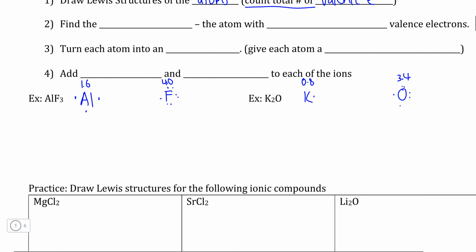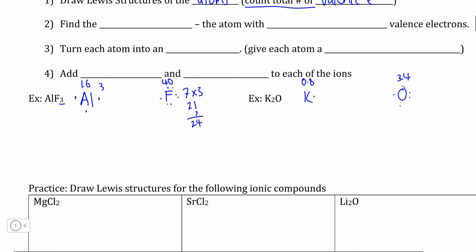So the first thing that we're going to do before we calculate the electronegativity difference and average electronegativity is actually to count the total number of electrons that we're dealing with. So fluorine has 7, and there are 3 fluorine atoms in aluminum fluoride, so 7 times 3 means that fluorine is bringing a total of 21 electrons, plus the 3 electrons from aluminum means that our electron total is 24 in this case.